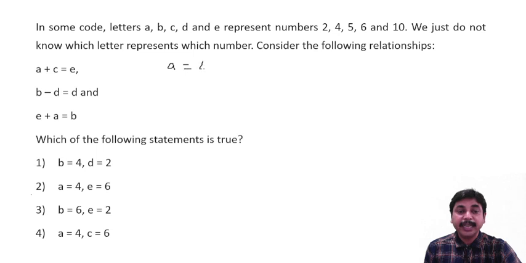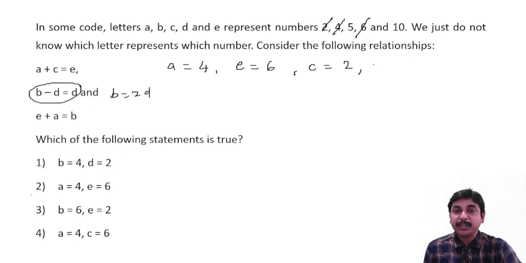If I take A as 4 and E as 6, what is the value of C I will get? I will get C as 2. Now these 2, 4 and 6 are gone. From this equation, B is equal to 2D.